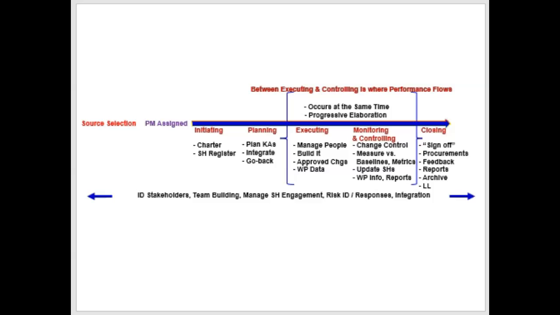That's really a function of closing out each phase or each project, right? On those circles, those phases I showed you. But notice I'm actually collecting, if you look in the bottom line, lessons learned throughout the entire project. I'm identifying stakeholders throughout the entire project, even though I do it in initiating. I'm team building throughout the entire project.